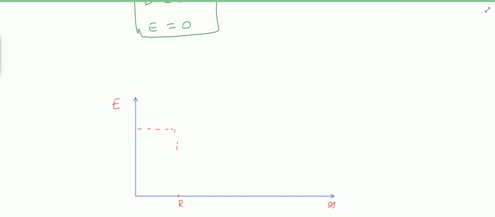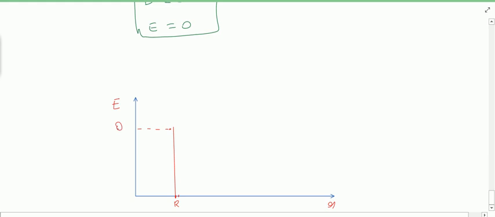So suppose this is somewhere here, and I make this a straight line. If I write R here, this is R, and at this point the value of the field is q by 4 pi epsilon naught R square.